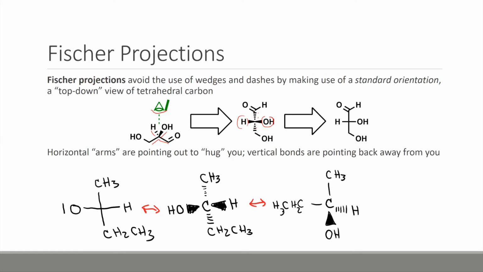And we can just redraw this, which is what you would see from above, as a line drawing. But remember that when you're drawing these lines, this always represents actual wedges and dashes. If you wanted to convert it back, you'd have to remember that this is what that represents.